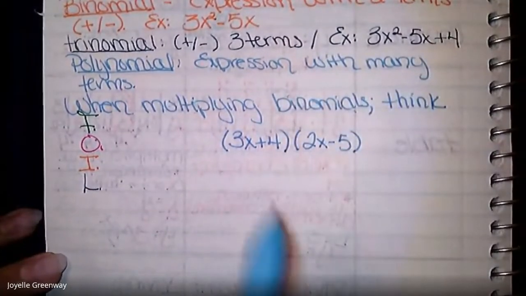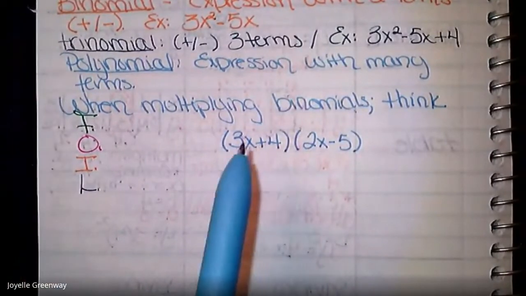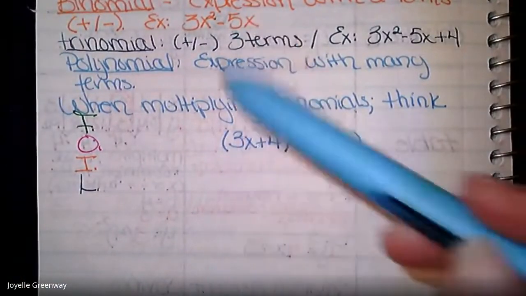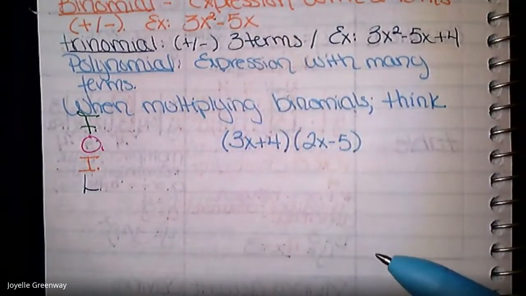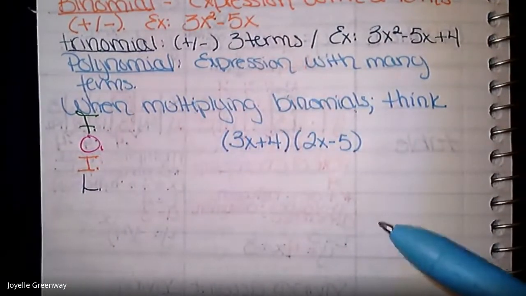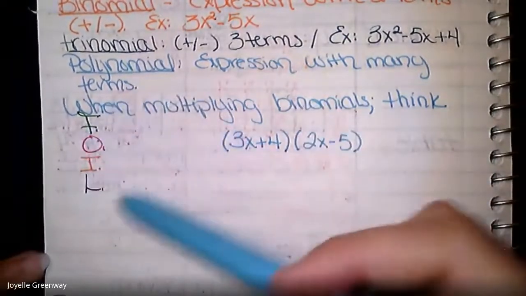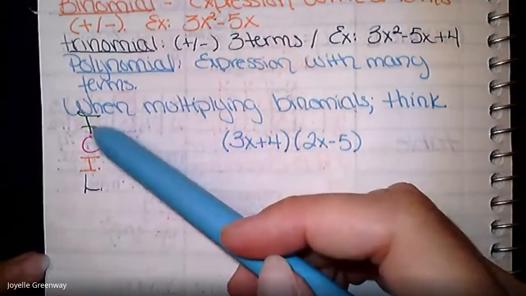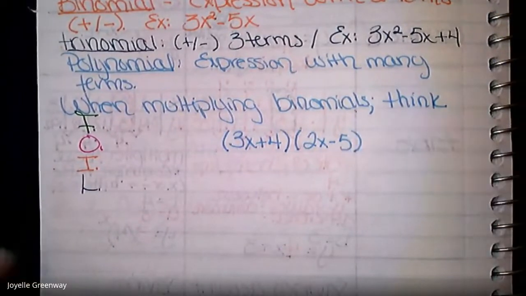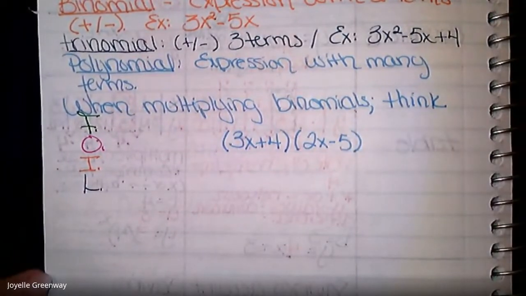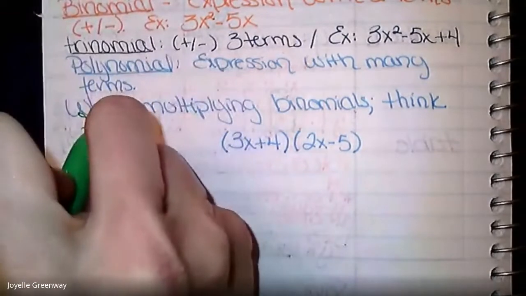Okay, so the biggest mistake that students make is they do 3x times 2x and 4 times negative 5. So if you can remember FOIL, it'll help you to not make that mistake, okay? So the F in FOIL stands for first.